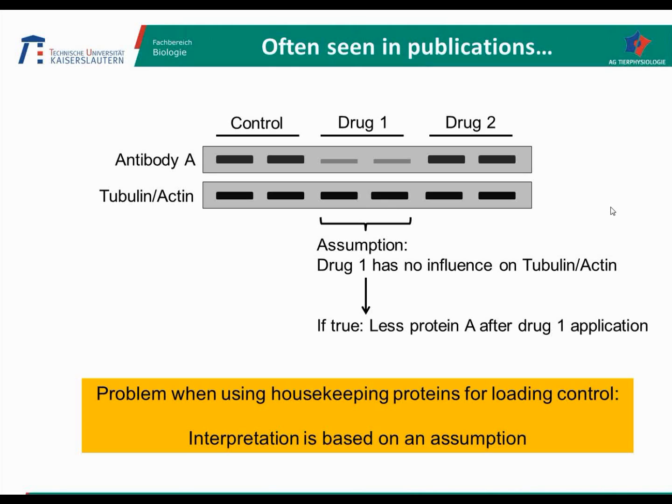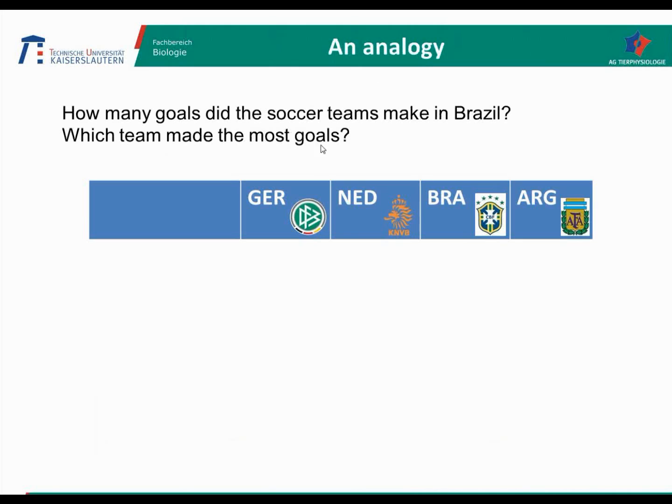So taking a single protein is not always representative for the total protein amount. I would like to show this by an analogy of the Soccer World Championships of this year. Here you see the four best teams of the games, and the question: how many goals did the soccer teams make in Brazil, or which team made the most goals?